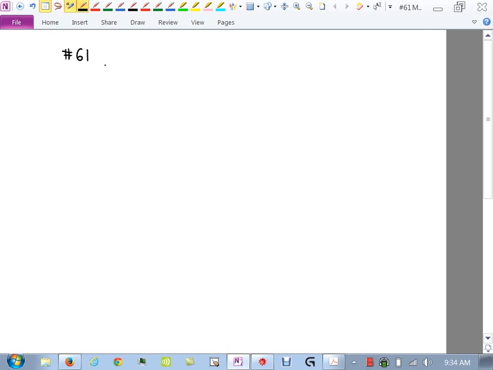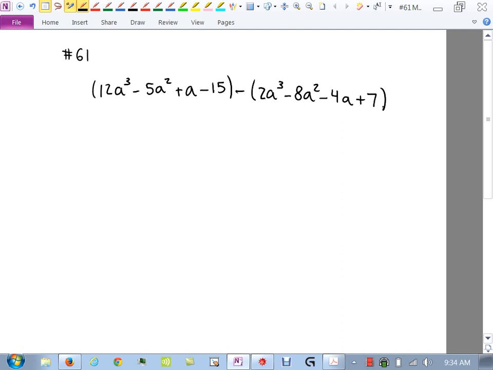It says subtract, and it gives you parentheses 12a cubed minus 5a squared plus a minus 15. Subtract from that 2a cubed minus 8a squared minus 4a plus 7. Right? That's the one?